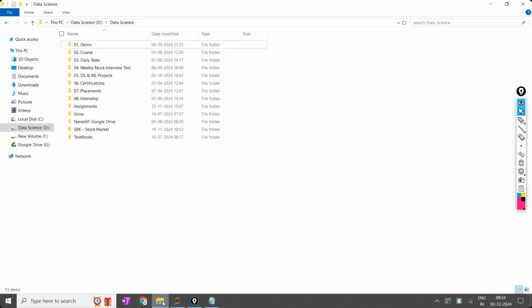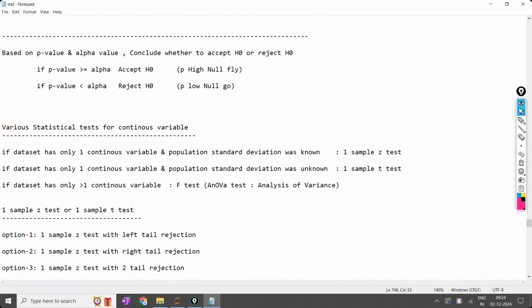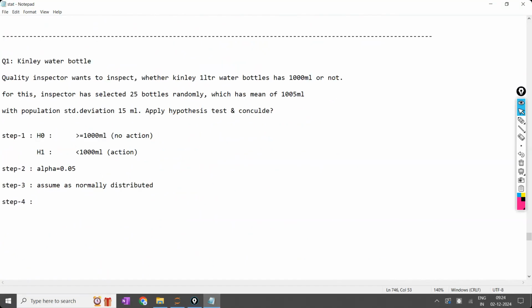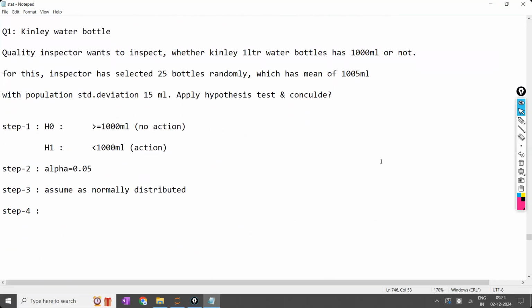In the previous class we concluded one Kinley water bottle example and how to apply inferential statistics. This is the last example we have done. Kinley's quality inspector wants to inspect whether a Kinley 1 liter water bottle has 1000 ml or not.